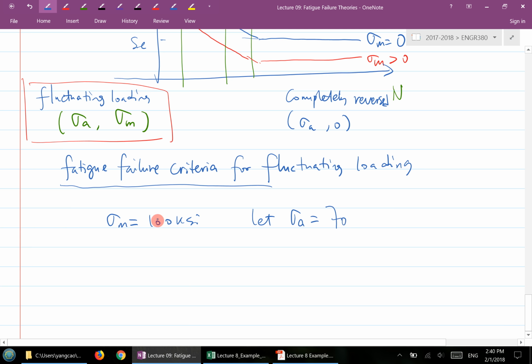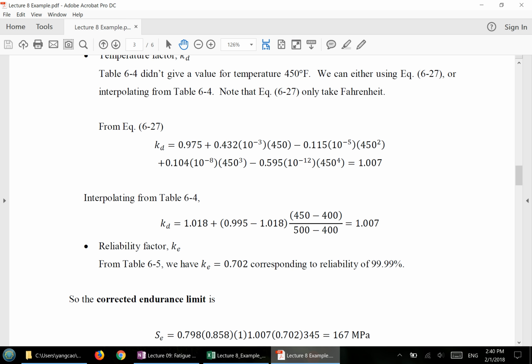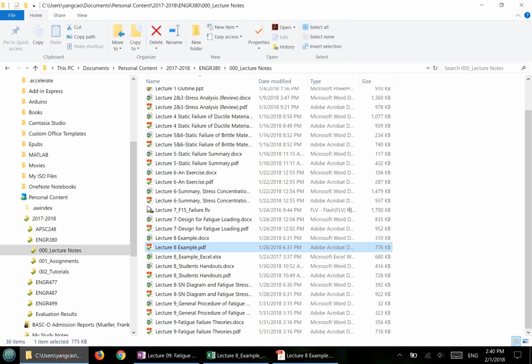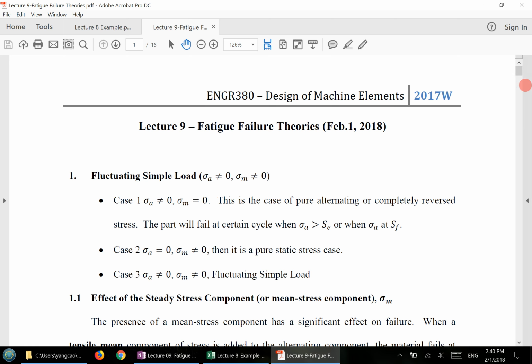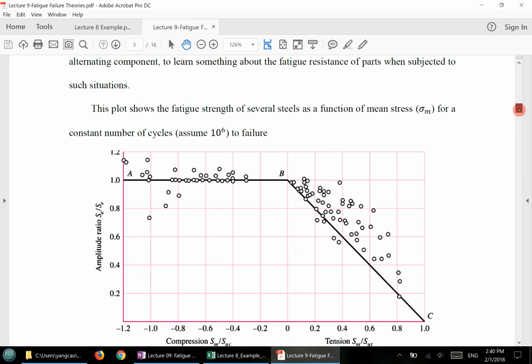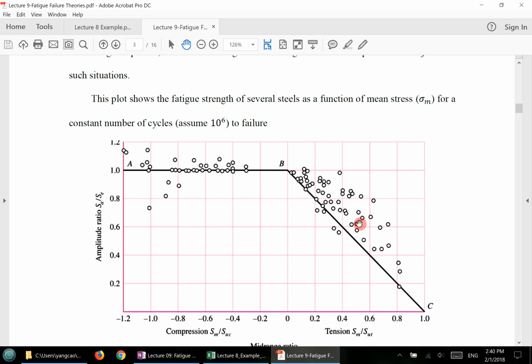So you say, okay, that pair of values gives me a critical boundary. The experiment results look like this one here. Every one of the dots here represents a critical boundary, a pair of sigma A and sigma m that failed at the infinite life of 10 to the power 6.